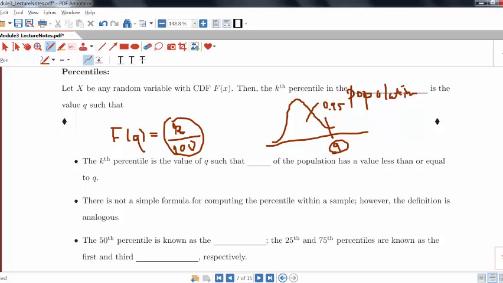So I think I just made it sound really hard, but it's not. So the kth percentile is the value of Q such that K percent of the population is less than or equal to that value. And there's really not a nice formula for this for a sample.